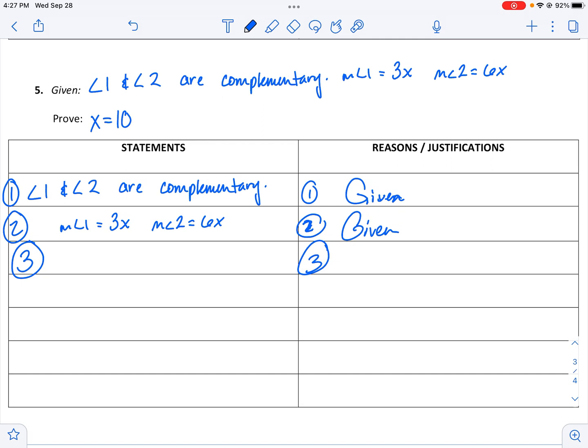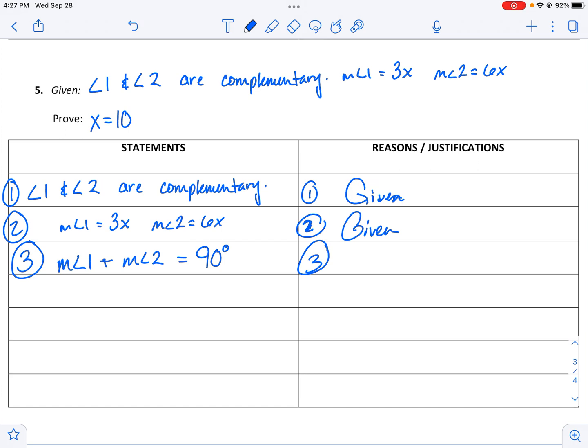Well, if I know 1 and 2 are complementary, what do I know about complementary? I know that if angle 1 and angle 2 are complementary, then I could add those up to get 90 degrees.